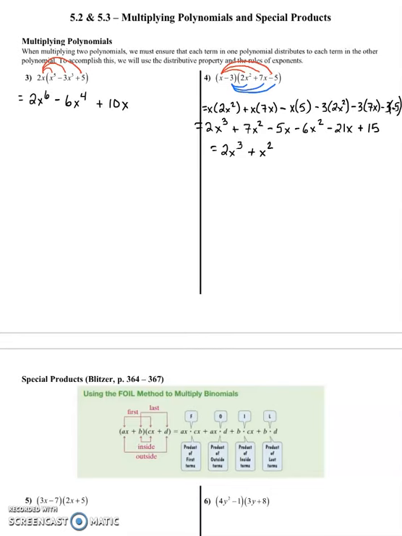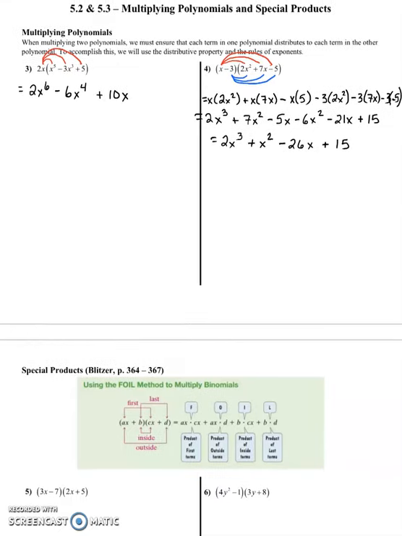Then we have negative 5x minus another 21x, so that gives us negative 26x. And then we have a plus 15 with no other constant term. So 2x cubed plus x squared minus 26x plus 15 is our answer.